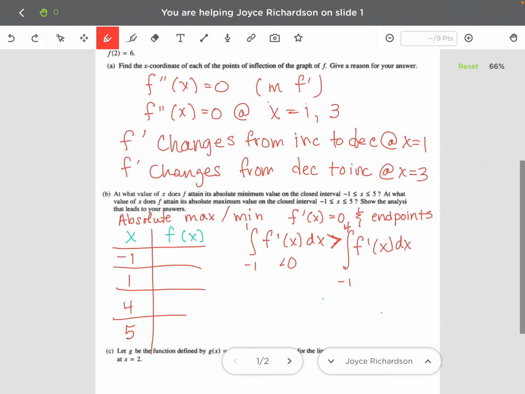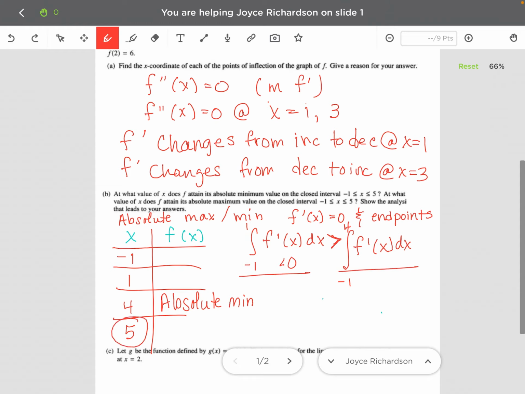So we had to compare these to eliminate -1 from being an actual minimum. That integral is going to be 0, but we had to eliminate 1 from being a possible absolute minimum, okay? So we know that at x equals 4, we have an absolute minimum by that comparison of areas under the curve.